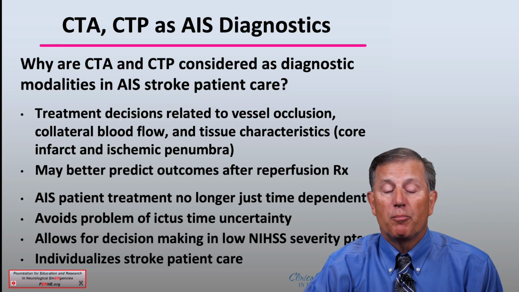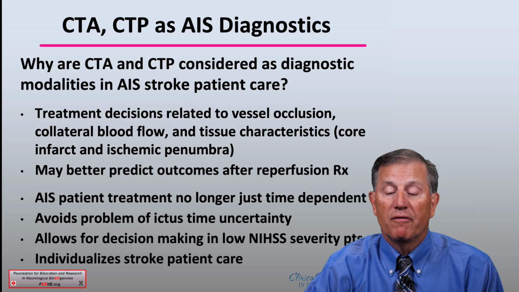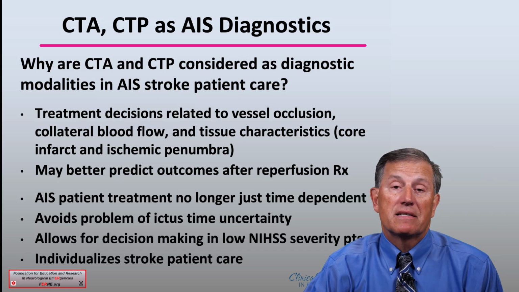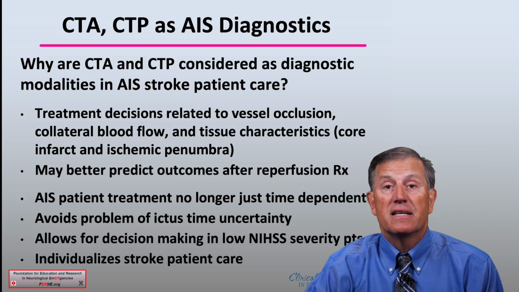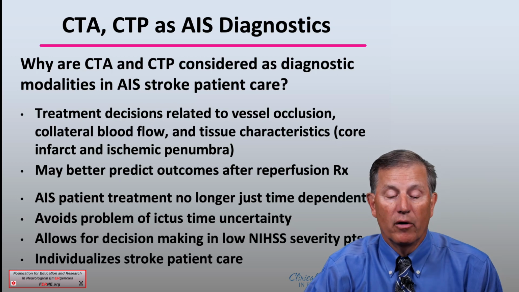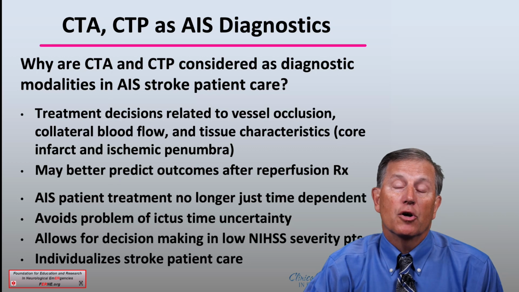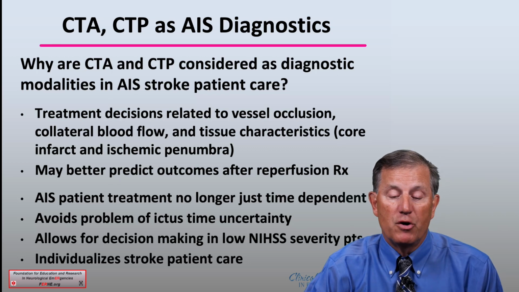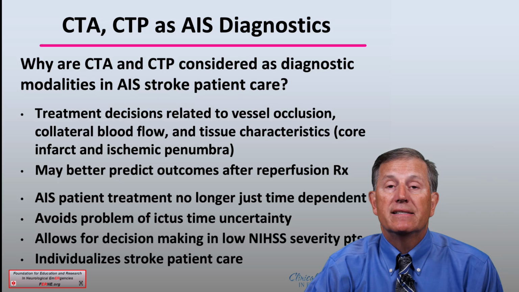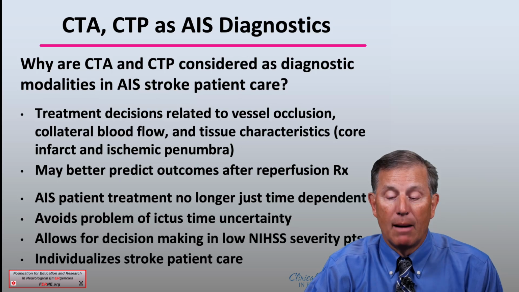And this may better predict outcomes after reperfusion therapy than simply assessing how long it has been since the apparent stroke onset or ictus. This allows us to say that our acute ischemic stroke patient treatment is no longer just a time-dependent problem.